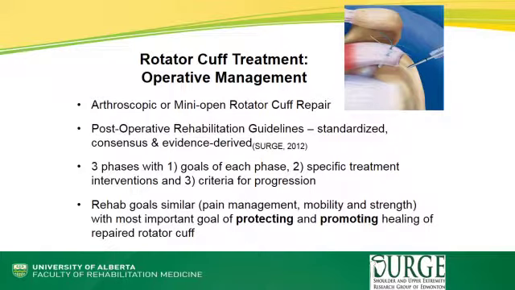Our group has spent the last 5-6 years developing consensus evidence-based standard guidelines that all of our surgeons have agreed upon, and they've developed into cuff repairs, Bankart repairs for labral tears, joint replacements, and posterior labrum.